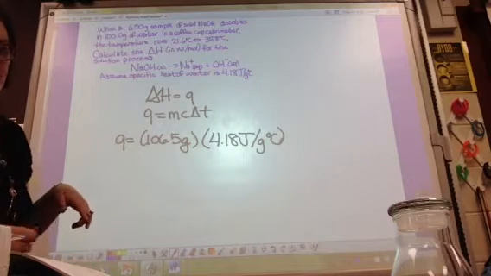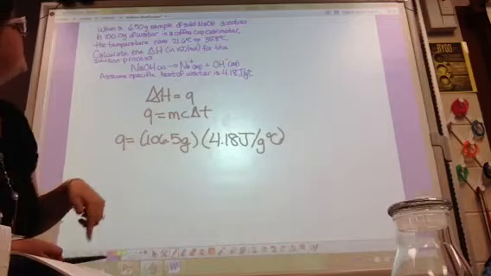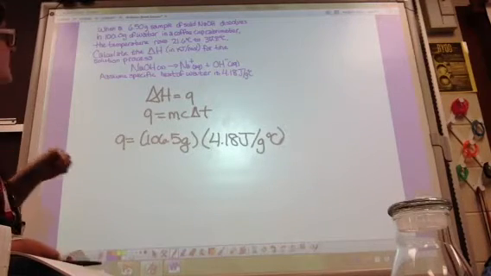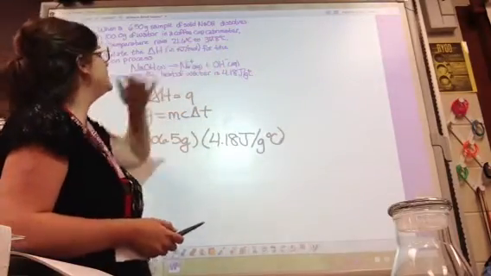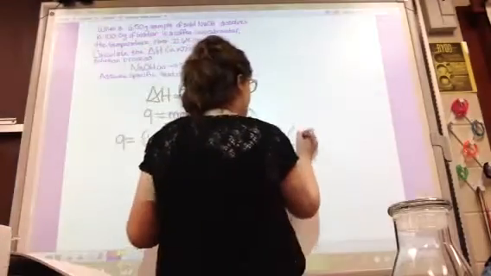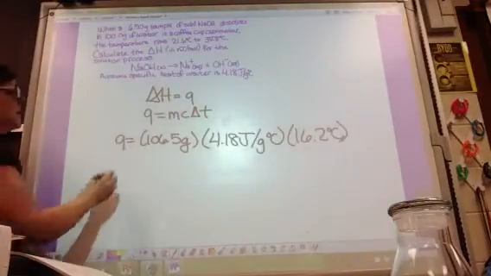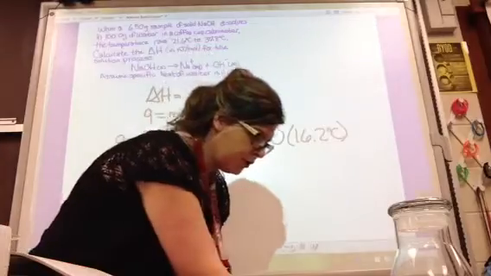The final was 37.8 and the initial was 21.6. I always want to do final minus initial, so it should always be the last one minus the first one. 37.8 minus 21.6 gives us 16.2 degrees Celsius. Okay, so then I have everything that I need to solve for Q.